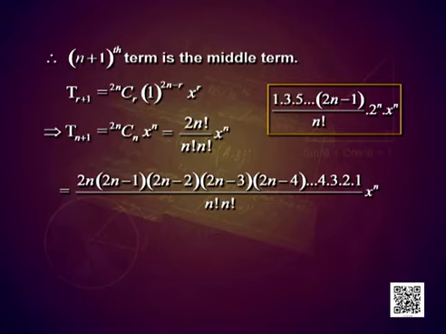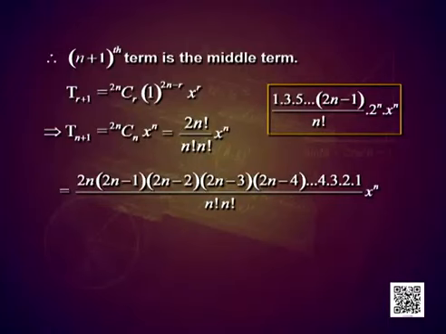So, which of them are even? 2n, 2n minus 2, 2n minus 4, going right up to 4 into 2, and all others, that is 2n minus 1 times 2n minus 3 up to 3 into 1, they are all odd factors. So, what we are going to now do is club these odd and even together, and therefore, I have now segregated the even factors and odd factors.